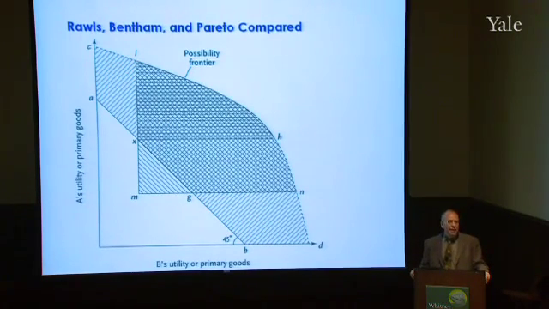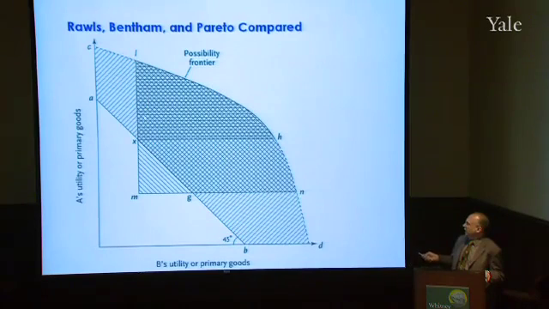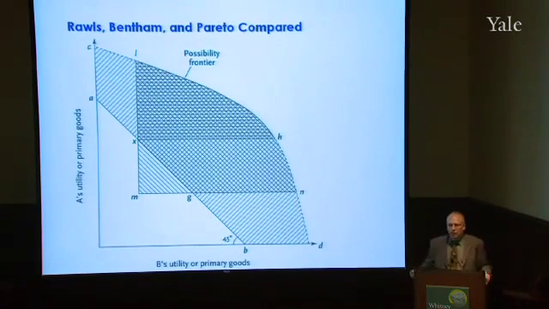So if somebody came along and said, well, the best way to benefit the people at the bottom is to have markets, trickle down, let's say, that the pie will grow the most and the people at the bottom will benefit the most from a pure market system, Rawls would say, fine, because everything that is Pareto superior is also Rawls preferred.